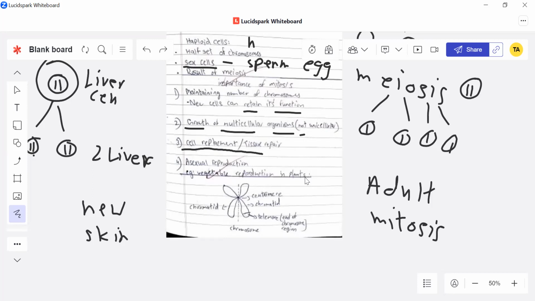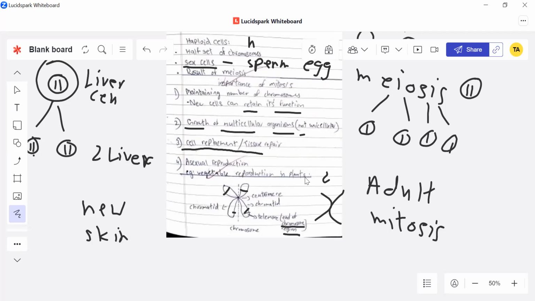So chromosome, this is a chromosome, by the way. And this part right here is a chromatid, this is one chromatid, and this is two chromatids. So on a chromosome, I have two chromatids. The ends of these chromatids are called the telomeres. They are the end of chromosome region.